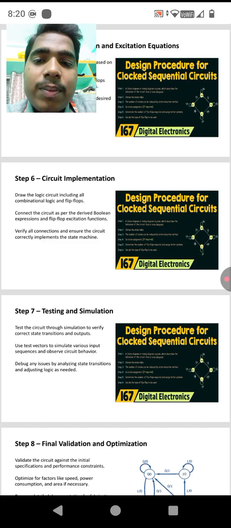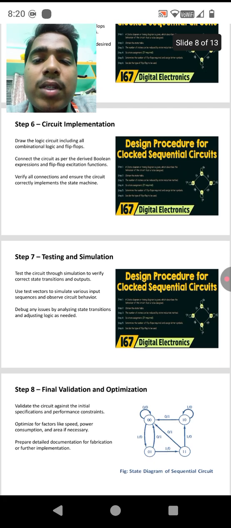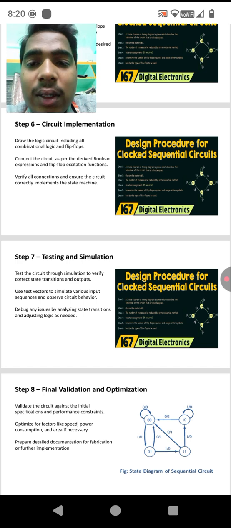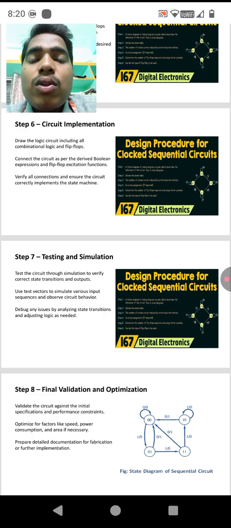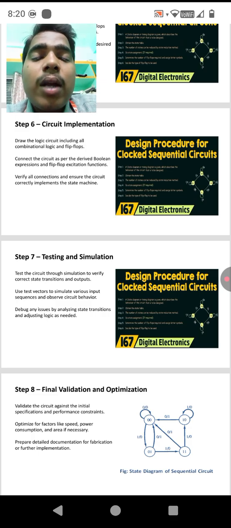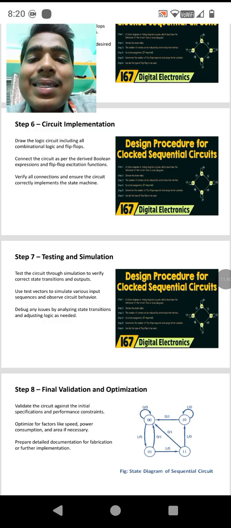Step 6, circuit implementation. Draw the logic circuit including all combinational logic and flip-flops. Connect the circuit as per the derived Boolean expressions and flip-flop excitation functions. Verify all connections and ensure the circuit correctly implements the state machine.